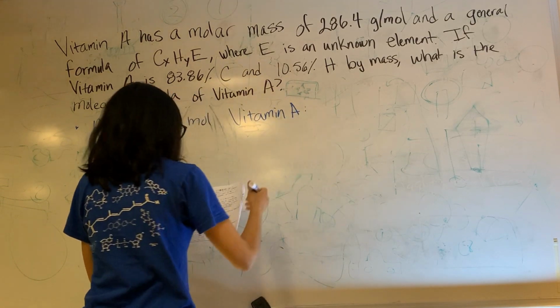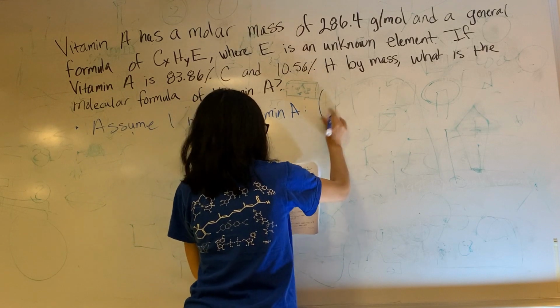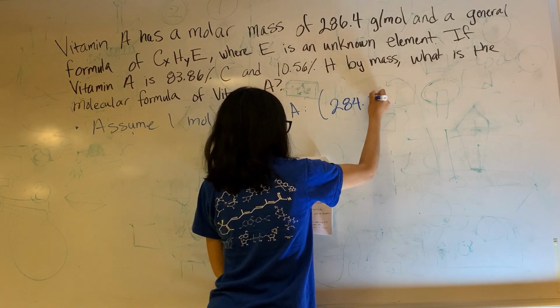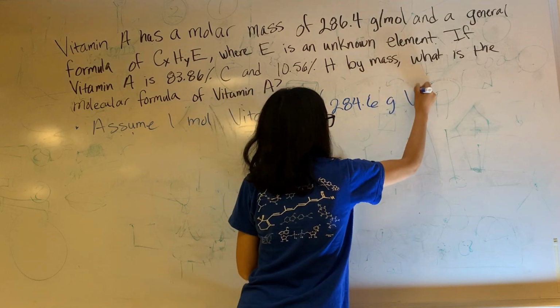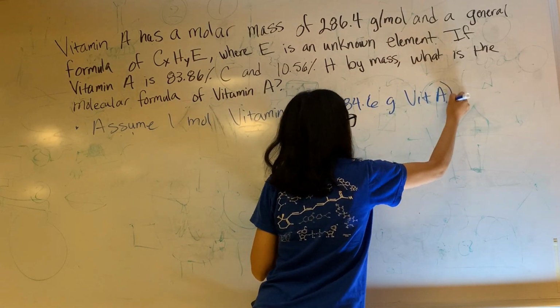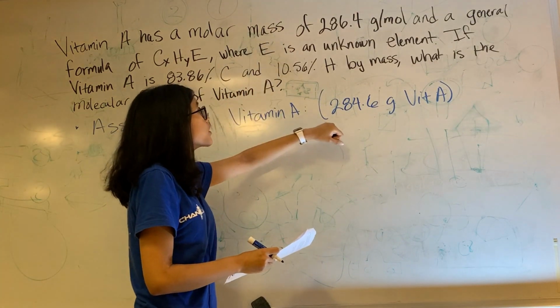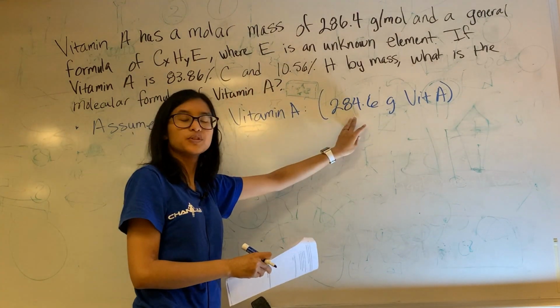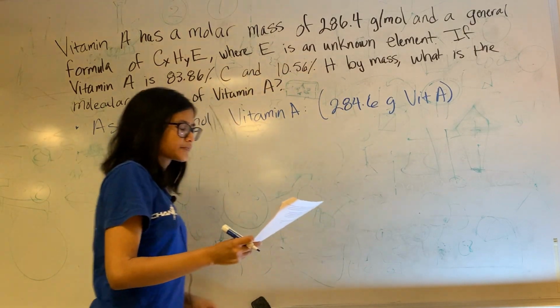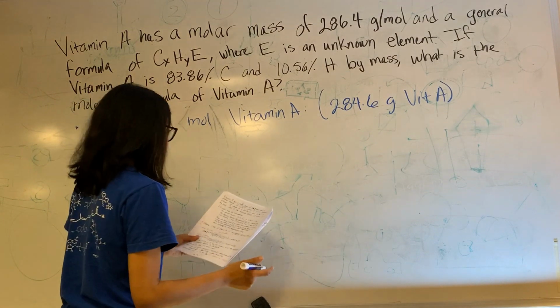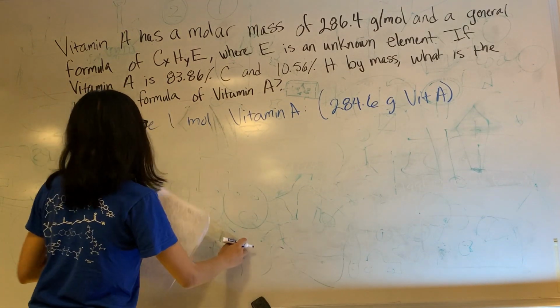So what that means is you've got 284.6 grams of vitamin A, because obviously of the molar mass. It's 286.4 grams per mole. So if you've got 1 mole, you've got 284.6 grams of it. So from there, we can figure out the moles of all the other things.